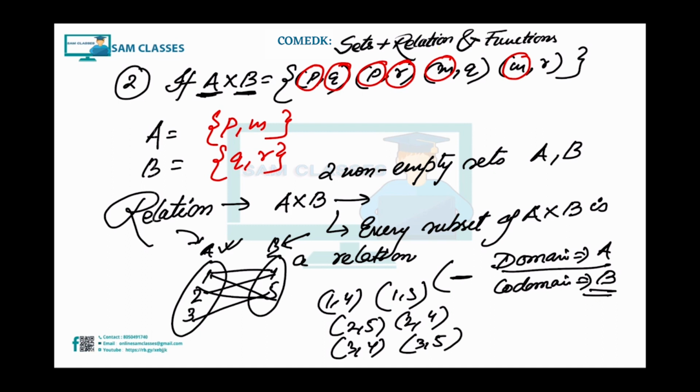The elements of the first set are called the domain and the elements of the second set are called the codomain. It is also called the range. We'll see what the difference is between the range and the codomain.